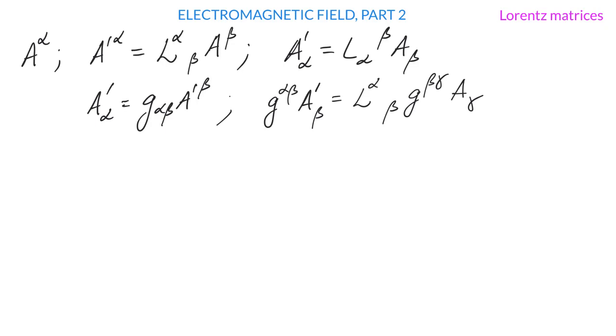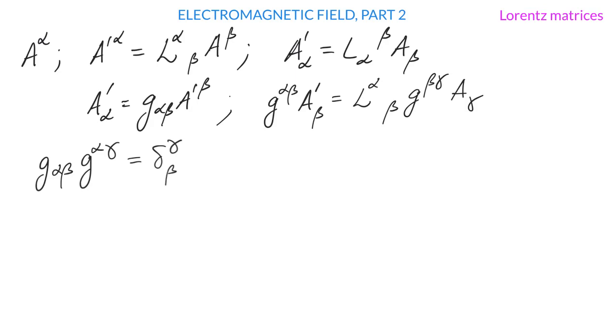Okay? Now, we also know that G alpha beta G alpha gamma is a unit matrix. It's easy to check that this is the case. One can do it explicitly by looking at the components.